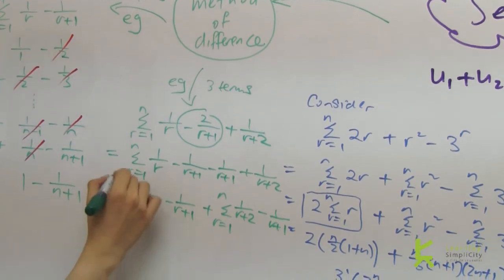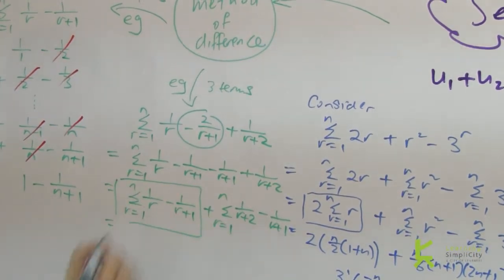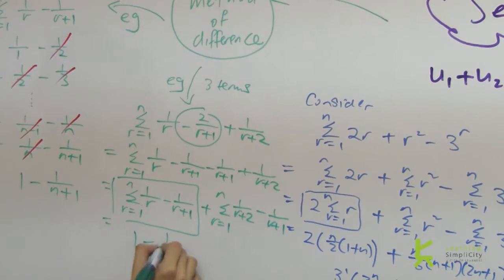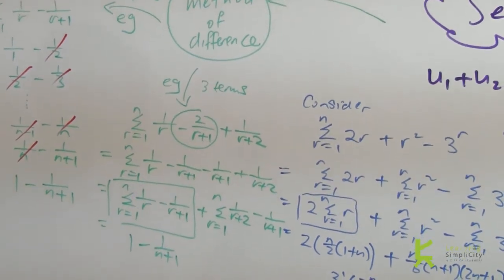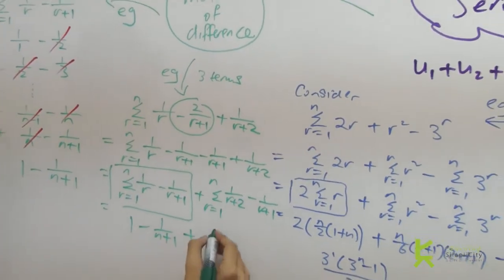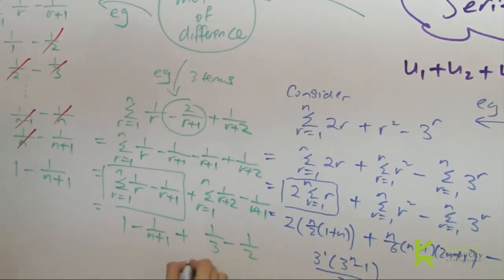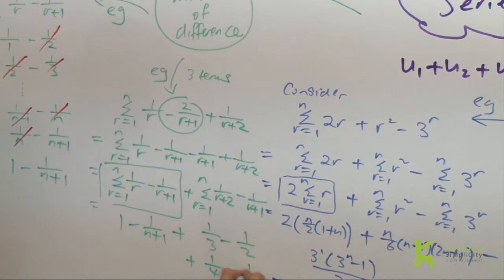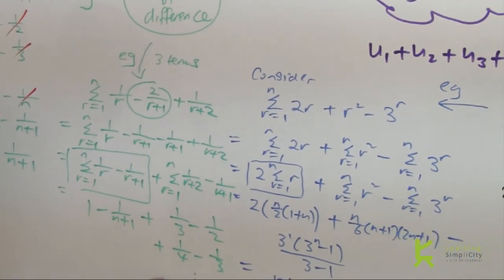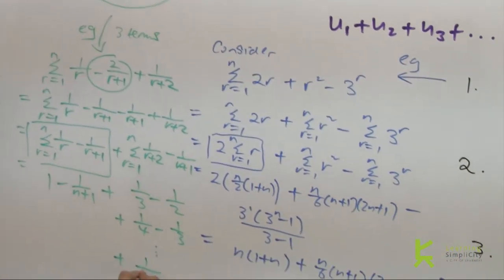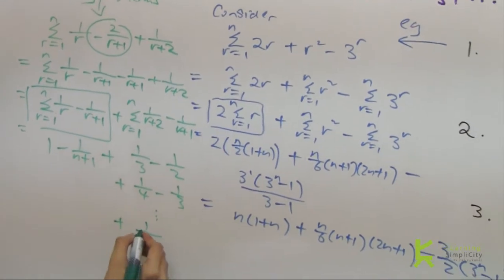So for this part here, I can make use of the earlier answer, which is 1 minus 1 over n plus 1. For this part here, I can apply my method of difference. So it's 1 over 3 minus 1 over 2 plus 1 over 4 minus 1 over 3. And these are the last two terms.